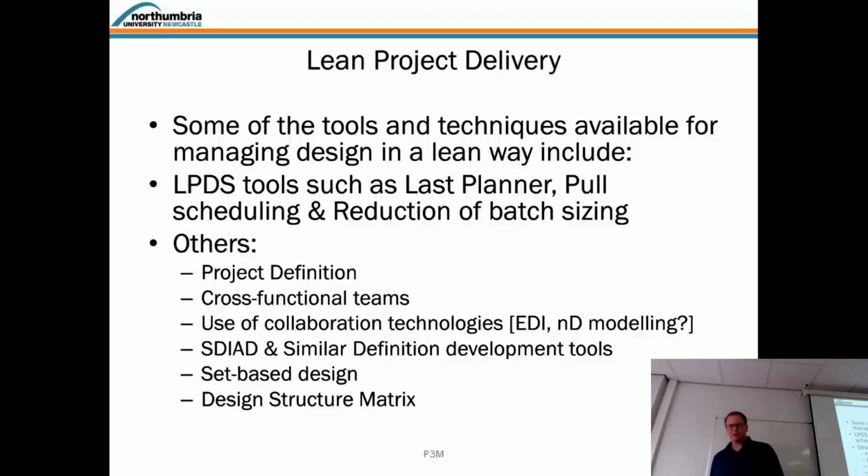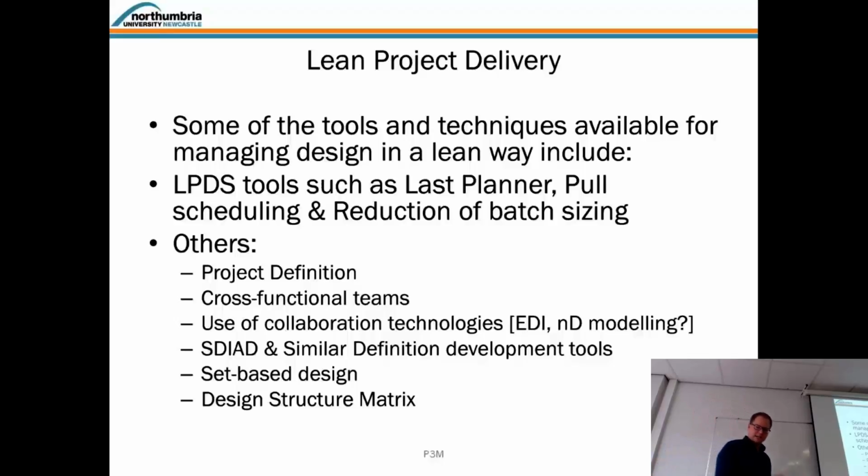So some of the tools and techniques available for managing the design in a lean way include, I've actually got it below, LPDS tools such as Last Planner, pull scheduling, and reduction of batch sizes, and respective decreasing of storage if you do it well. Others go into project definition, cross-functional teams, and use of collaborative technologies.